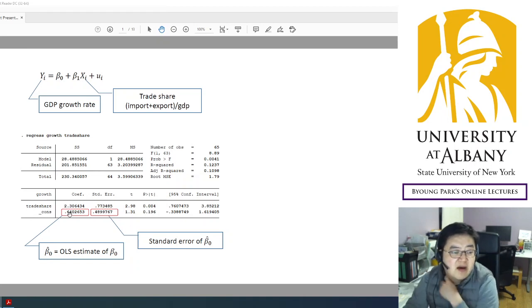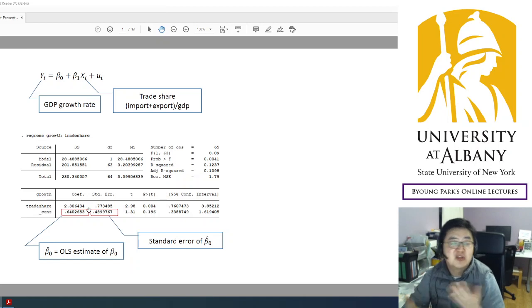So it is estimated to be 0.64, but the standard error is approximately 0.49, right? The coefficient is less than twice the standard error, which means the estimate itself could be just a result of random error. So a large standard error makes the coefficient estimate unreliable, right?